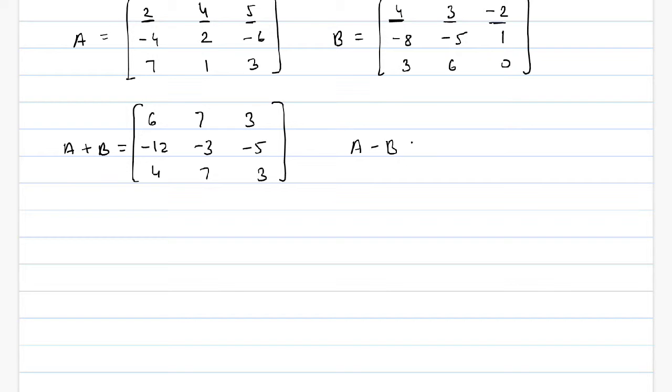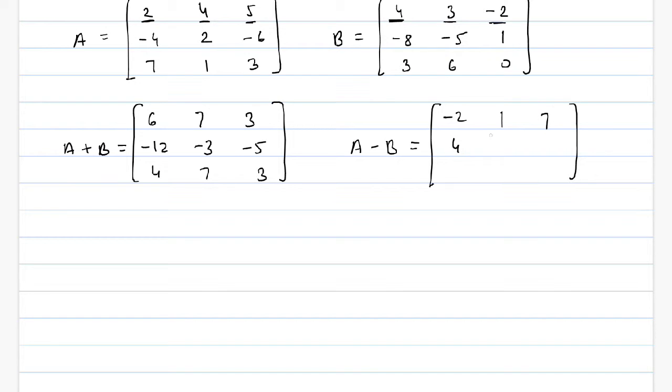Similarly, we'll subtract our corresponding values. So we'll have 2 minus 4, so minus 2, 4 minus 3, 1, 2 minus of minus 5, so 7.